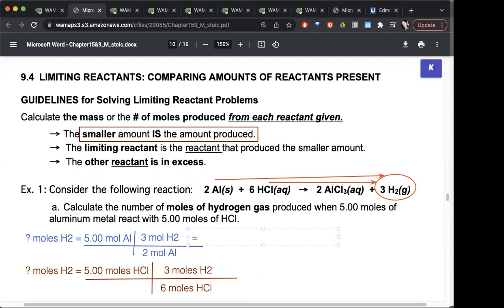Okay. So this is what? 15 divided by 2. This is 7.50 moles of H2 produced if and only if the limiting reactant equals aluminum. So if all of the aluminum is used up, and I usually put some stars around here, so this is a big if and only if.